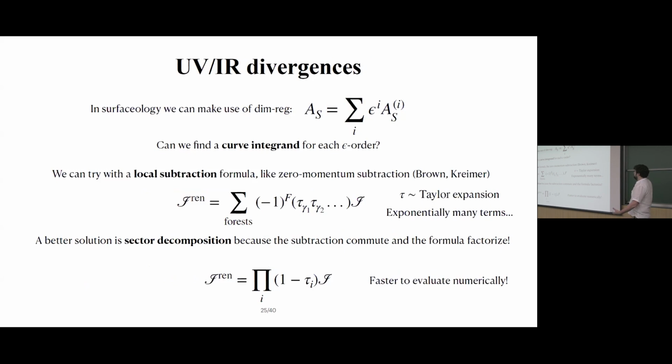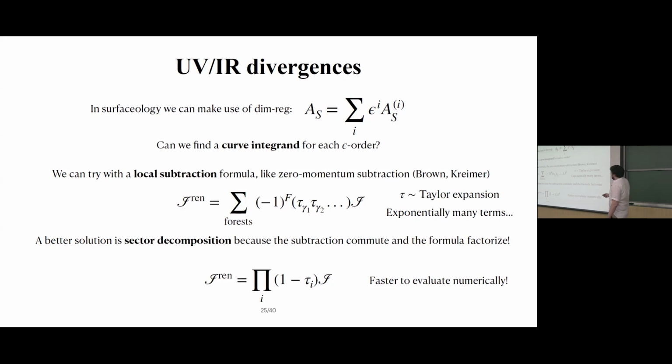For instance, suppose that we want to deal with UV and infrared divergences. Something that I didn't say is that surfaceology is naturally formulated in dim reg because these integrands have epsilons all over the place. So we could imagine expanding the amplitude in epsilon, a Laurent expansion in epsilon. And the question is whether we can find an efficient curve integrand for each order of the expansion. Now, we want to numerically evaluate it, so we really have to find an integrand, not just an integral.